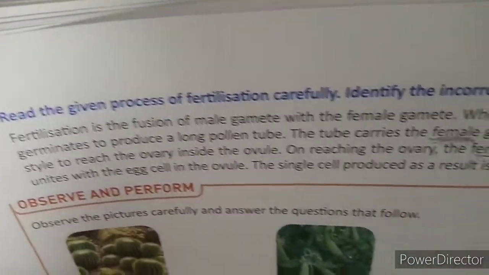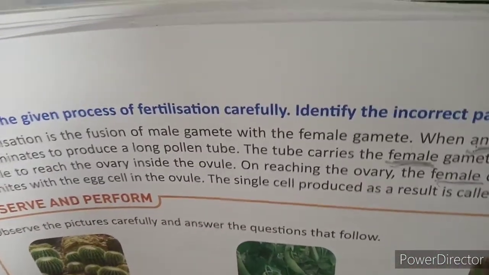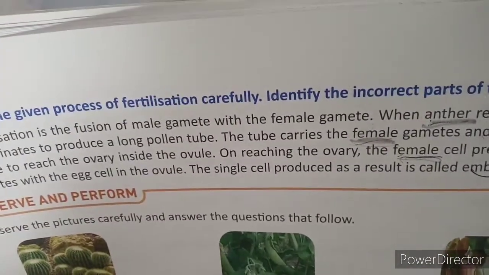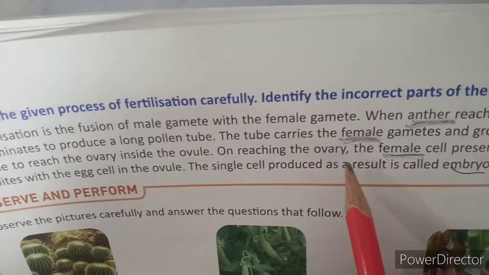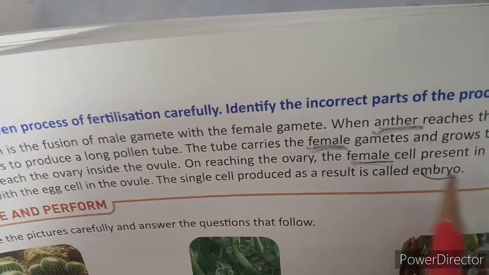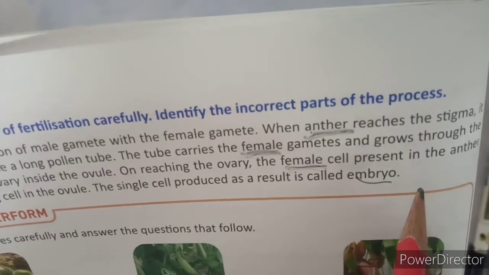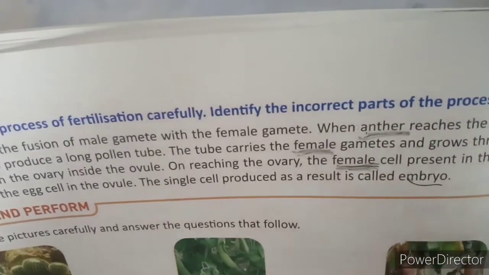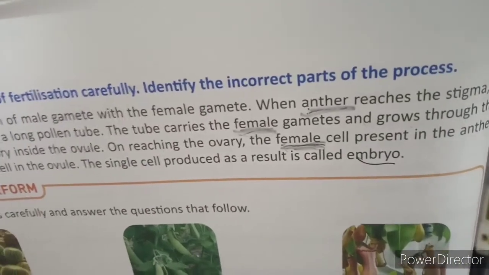And grows through the style to reach the ovary inside the ovule. Then on reaching the ovary, the female cell present in the anther unites with the egg cell in the ovule. So what type of cell is present in anther? Now see here, the female cell present in the anther. Anther has male cells. So mark this female word and make it male.